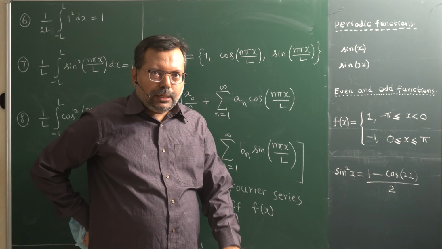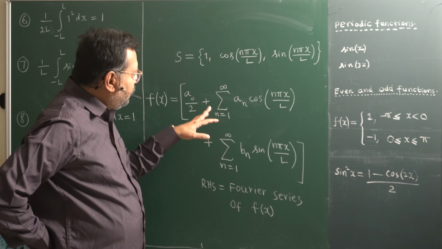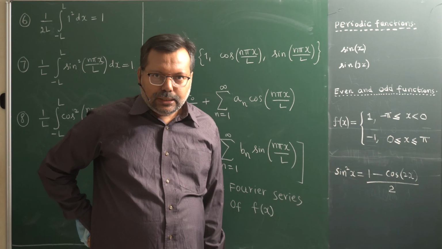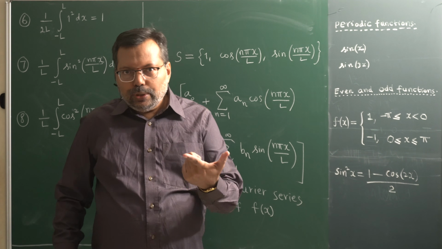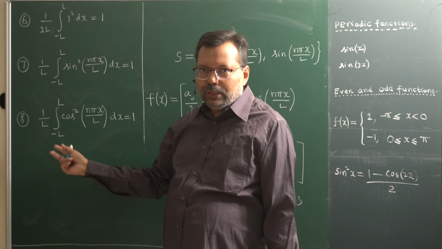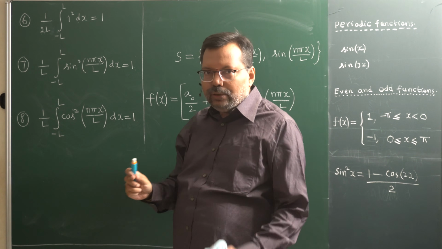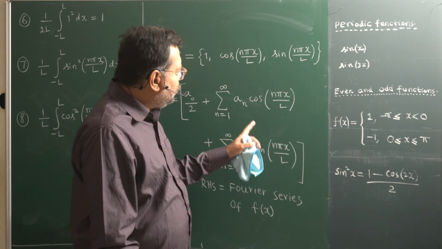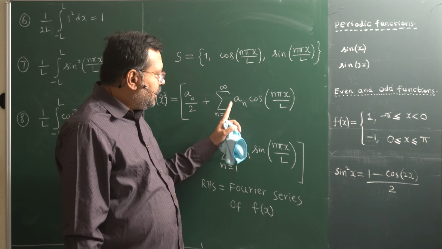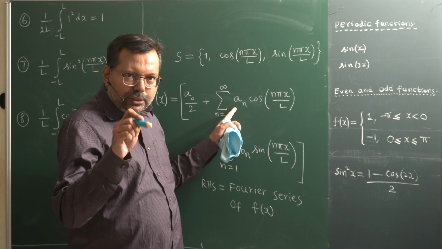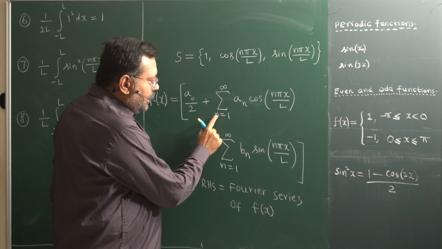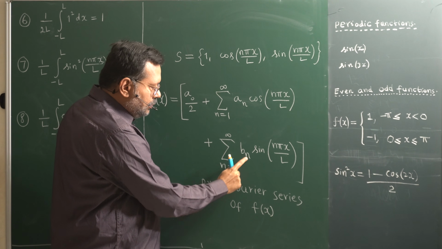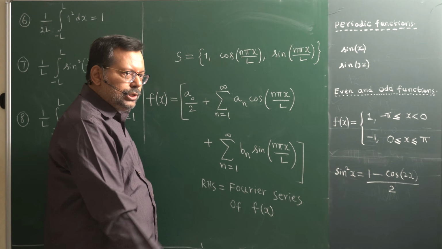So the overall idea is now clear, and the constants are a0, an and bn. Constants can be determined easily, that's not a problem. How you can determine them is because of this property. Now you understand why there should be 1 here and 0 there. Only because of these 1s and 0s you will be able to calculate the constant an. an means a1, a2, a3, a4, etc., when I substitute n equal to 1, 2, 3, 4. Similarly, this will be b1, b2, b3, and this will be a0.